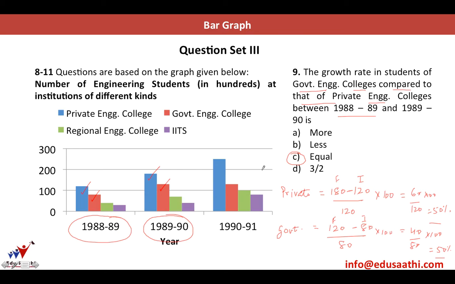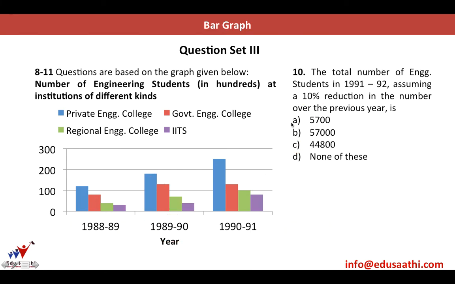Let's move on to the next question. The total number of engineering students in 1991-92, assuming a 10% reduction in the number of students over the previous year. So I know that these are the number of students for the year 1990-91, and for the next year I will just multiply this by 0.9 and I'll get the answer for 91-92.